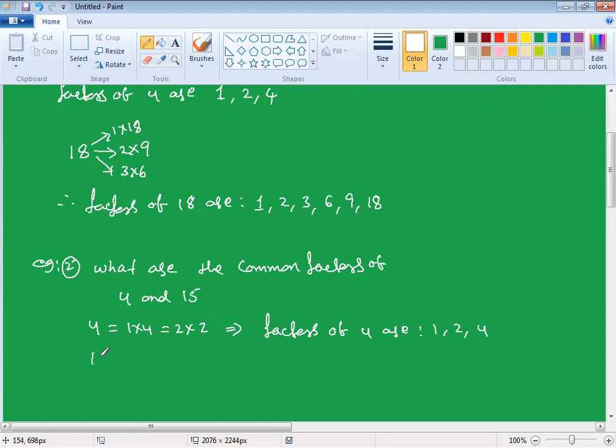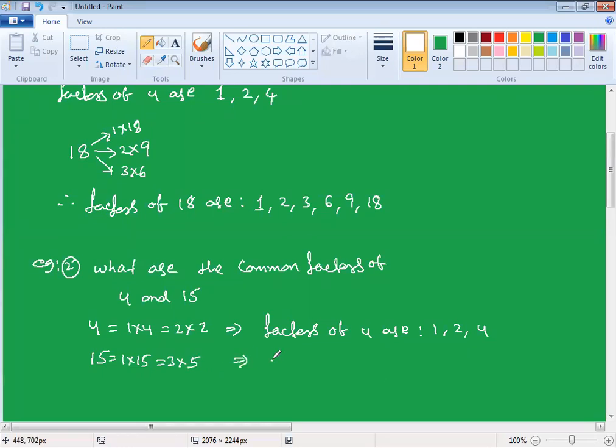And again 15. For 15, how can we write? 1 into 15, and 2 is not possible since that is an odd number. And 3 into 5, these are the only possibilities.